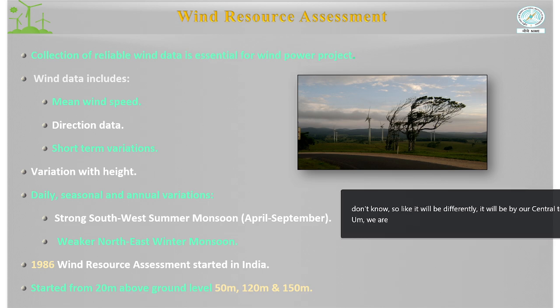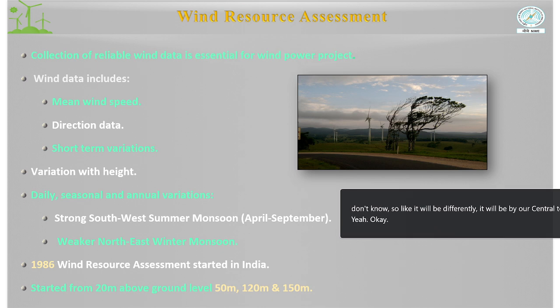They will do prospecting first, and then try to locate the best place with a minimum number of wind masts. Each wind mast costs a lot of money, with sensors and everything, and data acquisition, and a large volume of data to be analyzed.